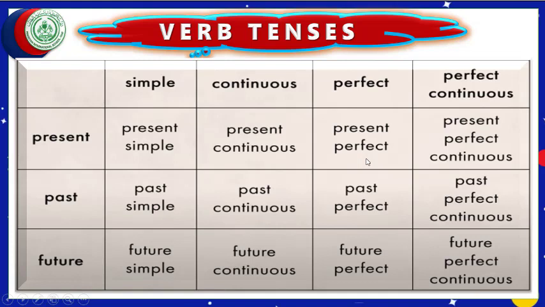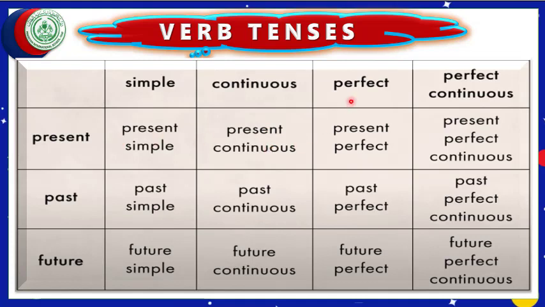This table is filled, as I told you on previous slide. When present join with simple, it becomes present simple. When present join with continuous, it becomes present continuous.